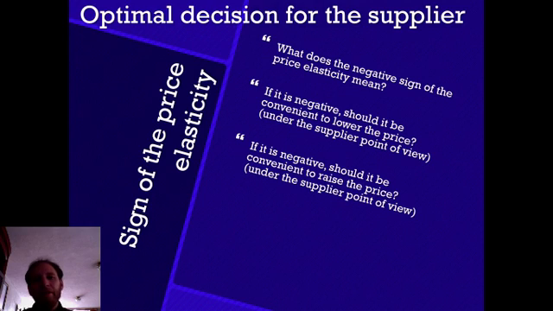Now, think about this. With the negative sign, should it be convenient to raise the price for this player? Think about it. Okay, once again, it depends, right? For example, if I raise the price 10%, and I only sell 1% fewer units, it's convenient because I'm winning 10% by the price and only losing 1% in the quantity.